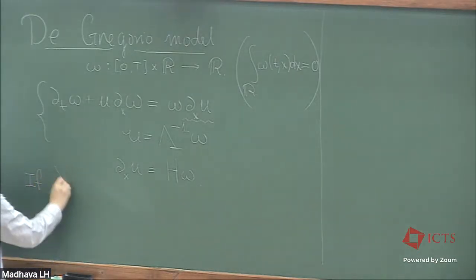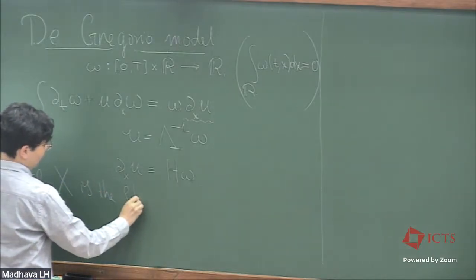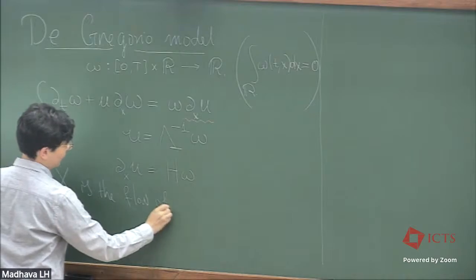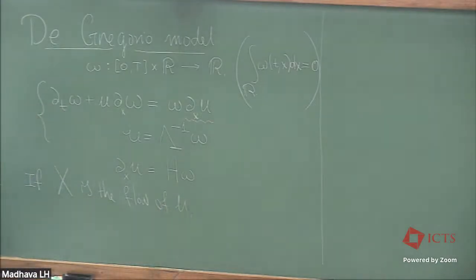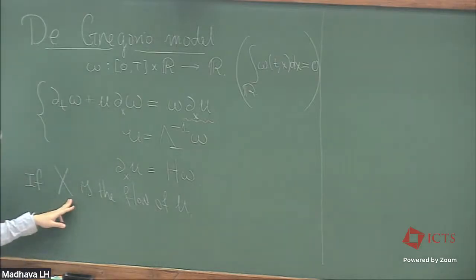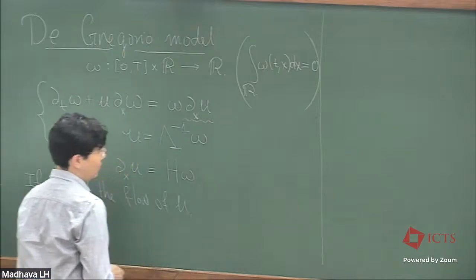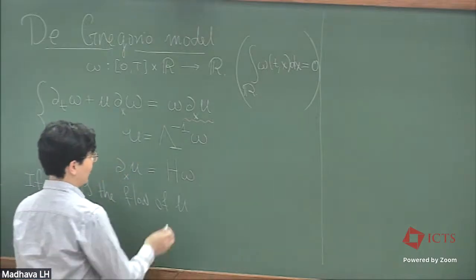If capital X is the flow of u, assuming that u is nice enough to have a flow, capital X, then the solution can be written in terms of the flow, just like the 3D vorticity equation.